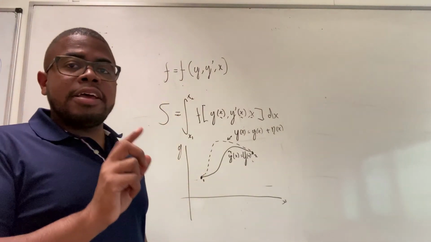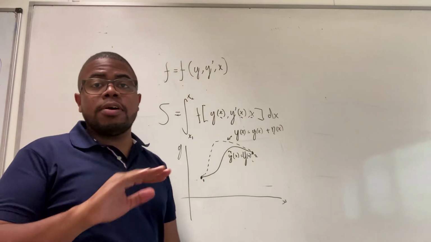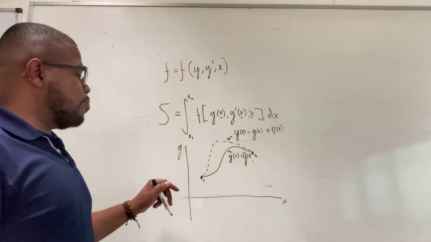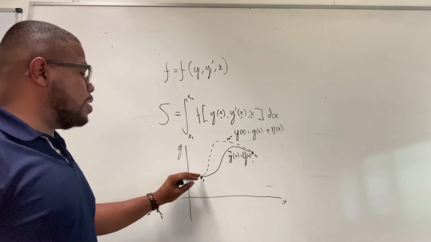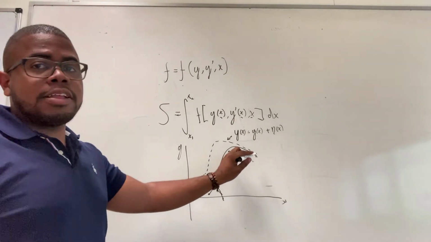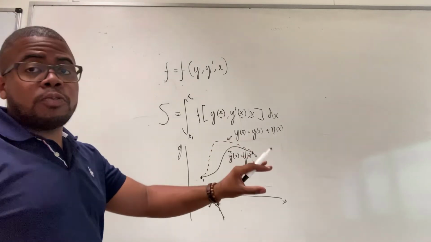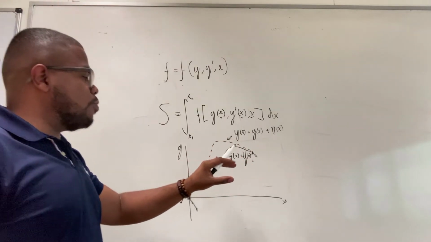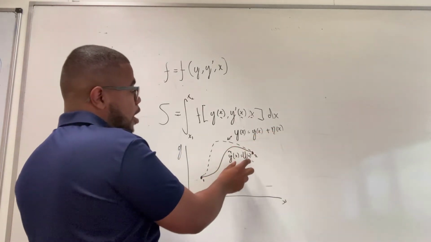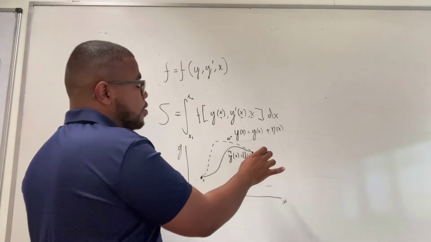But there is something that needs to be true for all possible paths, the right ones and all of the wrong ones, and that is that we're constraining our problem so that everything needs to start at point 1 and everything needs to end at point 2. So no matter which path you have, either the correct or the wrong one, at point 1 you have no deviation from the right path, and at point 2 you also have no deviation from the right path.